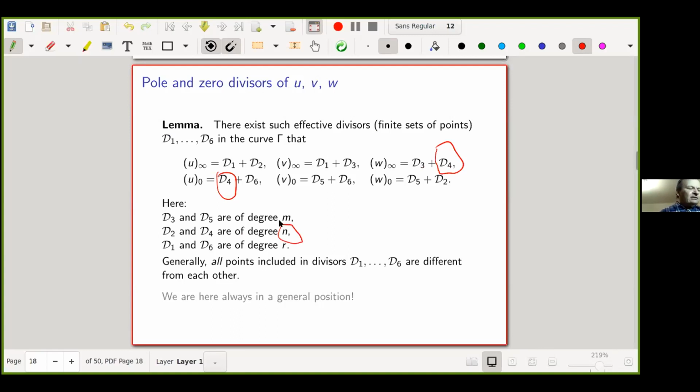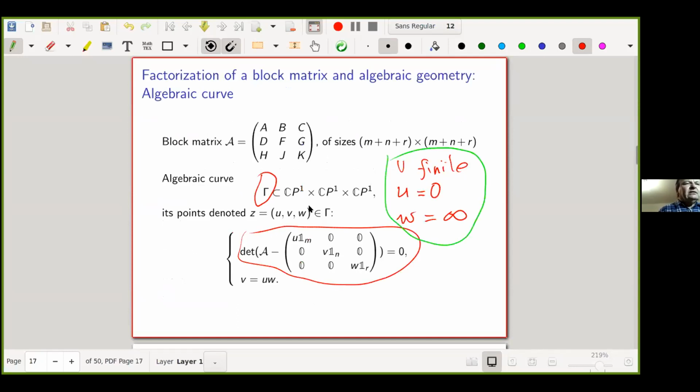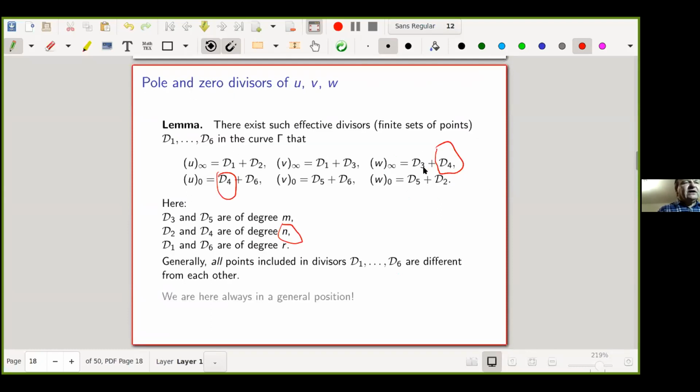Why n? If you do some exercise in linear algebra, you can understand why exactly n. So D4 is a divisor of those points where U is equal to 0, W to infinity, and V is finite.